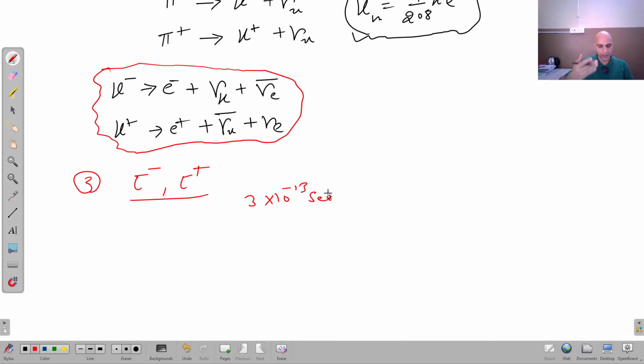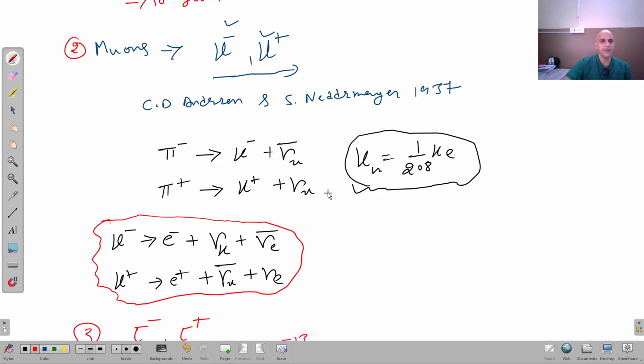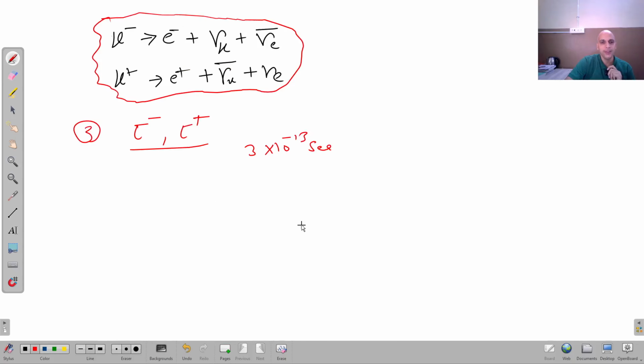Just like muons, they are also unstable. Muons have a half-life of 2.2 into 10 raised to power minus 6 second. This is the half-life of muons, and the tau particle has a half-life of this much.